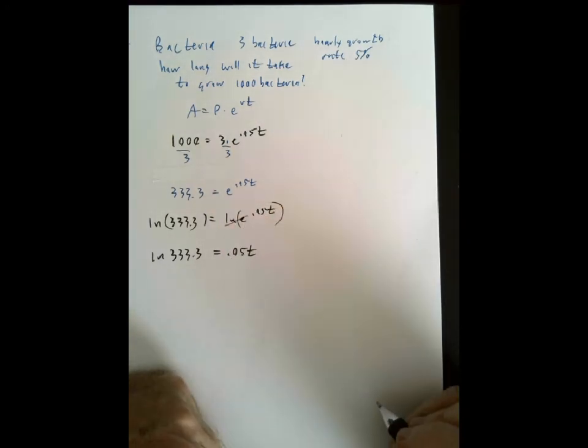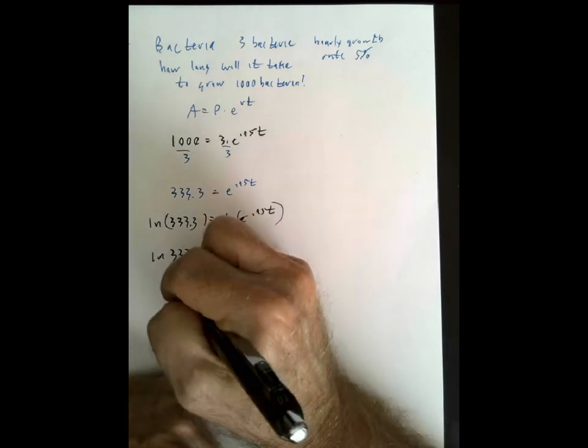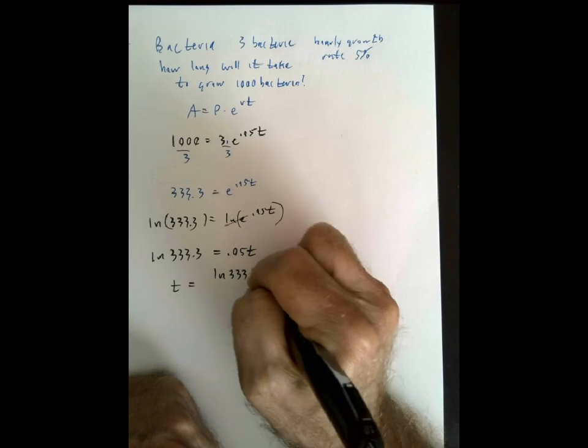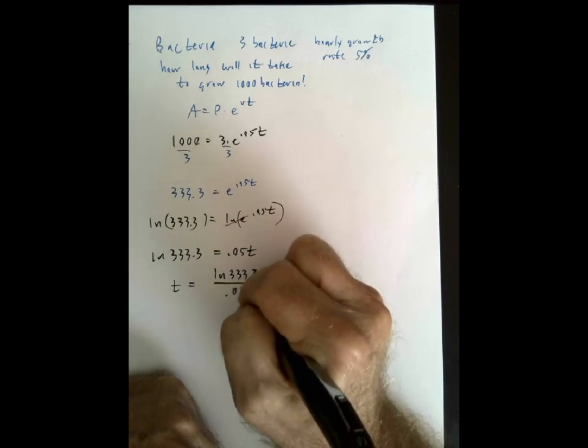Okay? Divide both sides by 0.05, and that's ln 333.3 divided by 0.05.